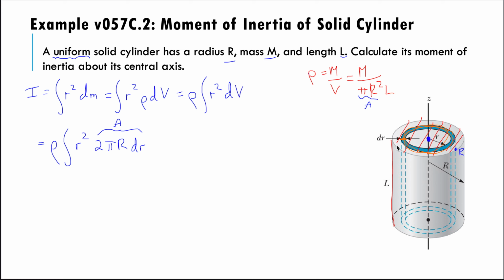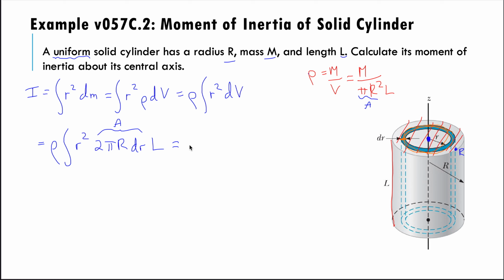And then we need to multiply it by the length. The length of all of these shells is capital L. Once you have done these cylindrical problems a lot, you'll just be used to substituting 2 pi r dr L for the dV. Just takes a little bit of practice.